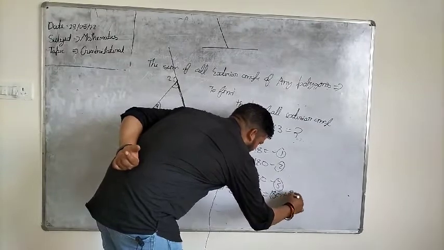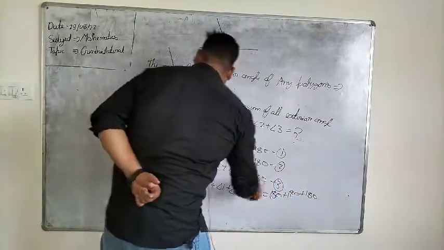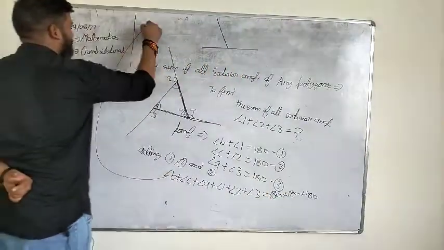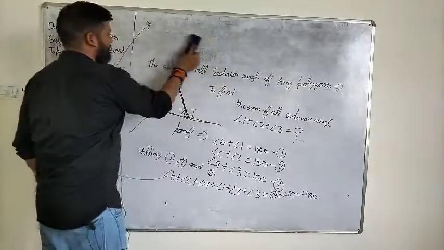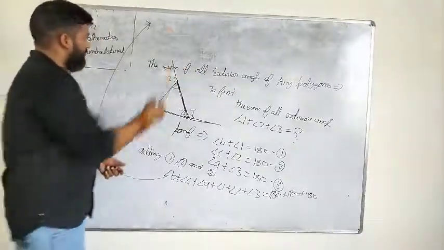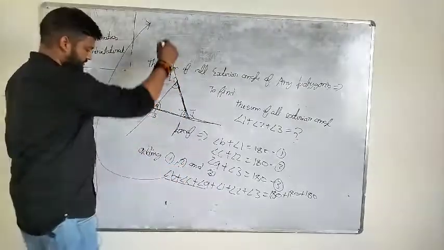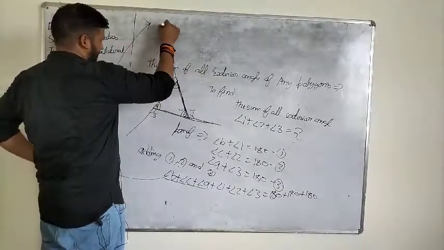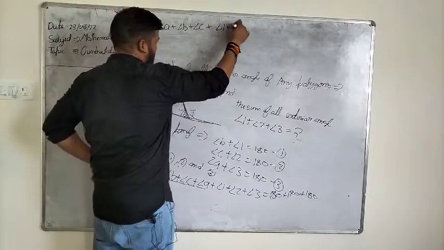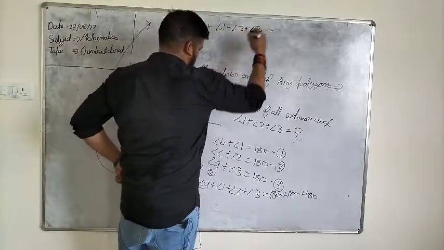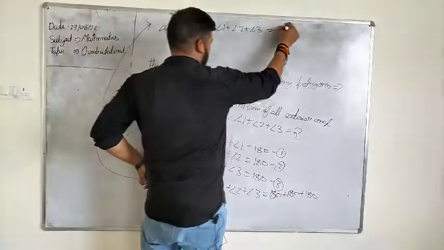Now I write it in sequence. Angle A plus angle B plus angle C plus angle 1 plus angle 2 plus angle 3 is equal to what? 180 plus 180 plus 180 is equal to 540.